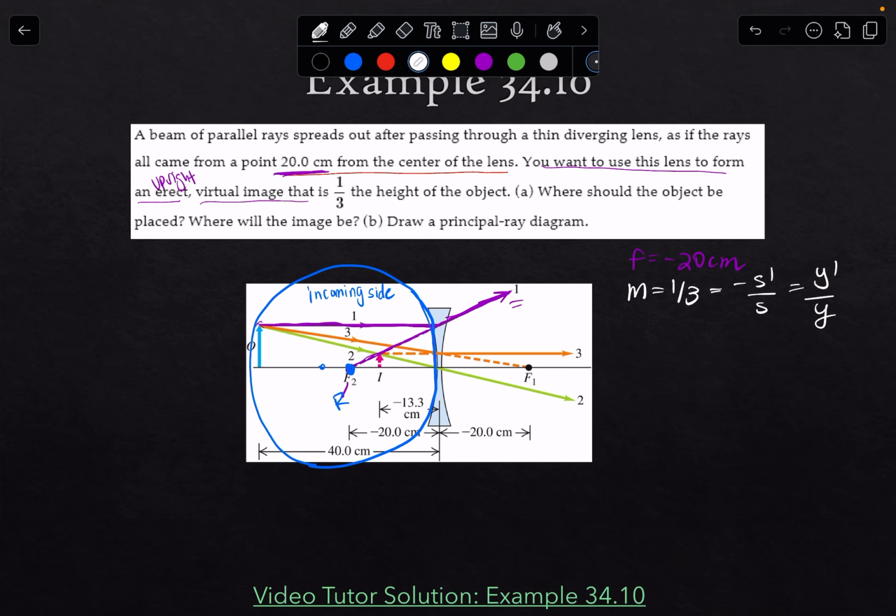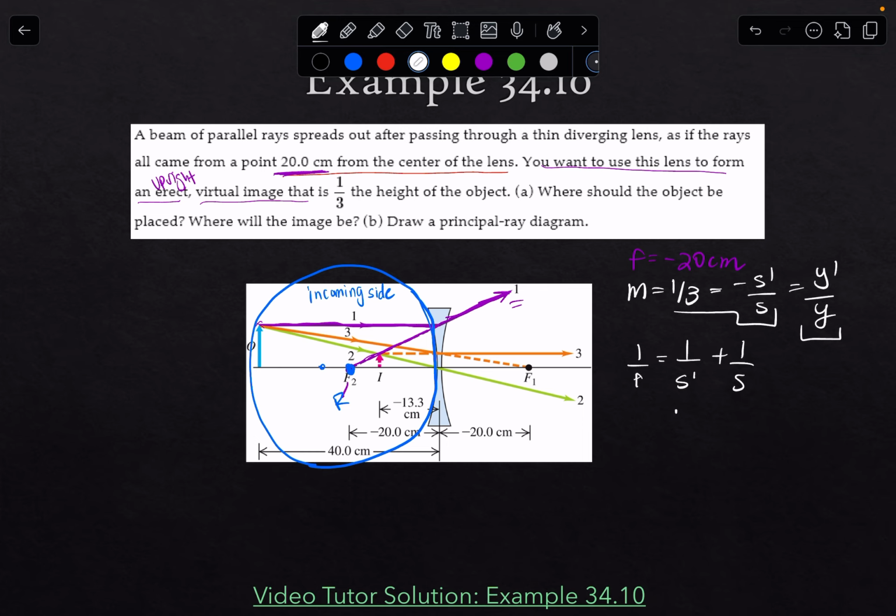Okay, so basically we're given F, and then we're given a relationship between the object and image height. So we're kind of given everything in a convoluted way. But we're still going to apply the same old equations, the object image relationship.